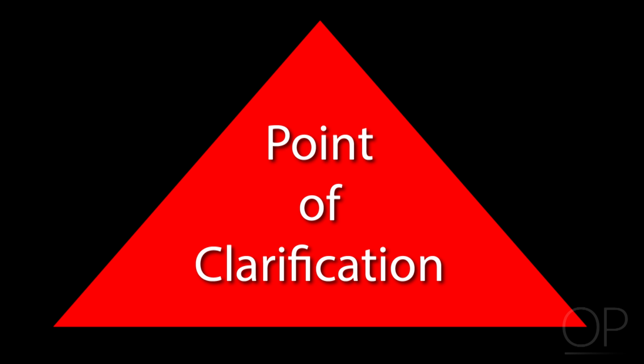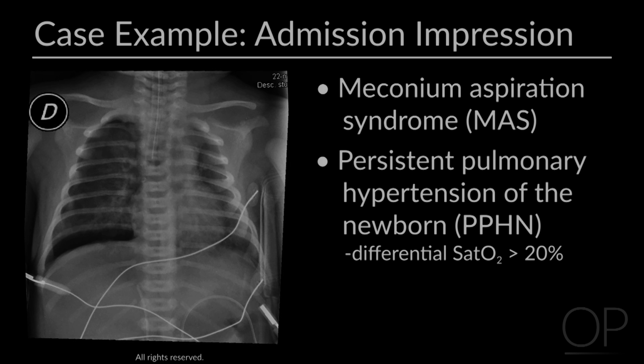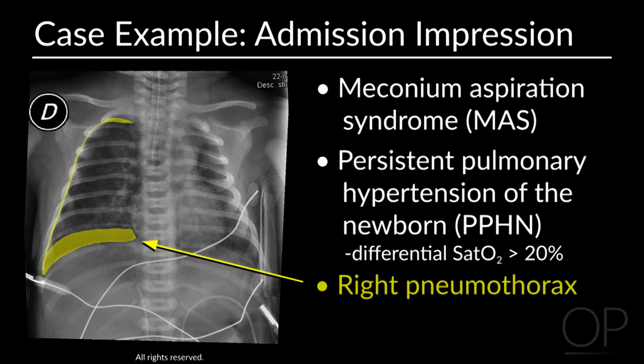Point of clarification. A diagnosis of PPHN is usually suggested by a sustained difference in pre- and post-ductal oxygen saturation of greater than 10%. And there is also a right pneumothorax, which is a condition often associated with meconium aspiration syndrome.